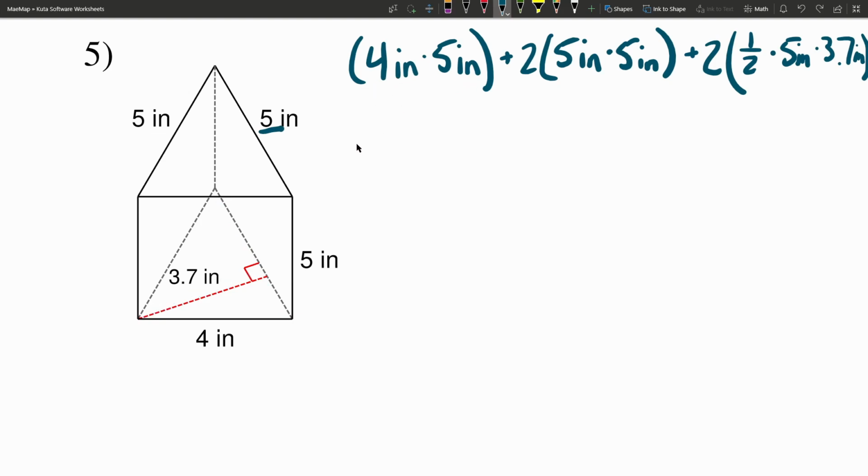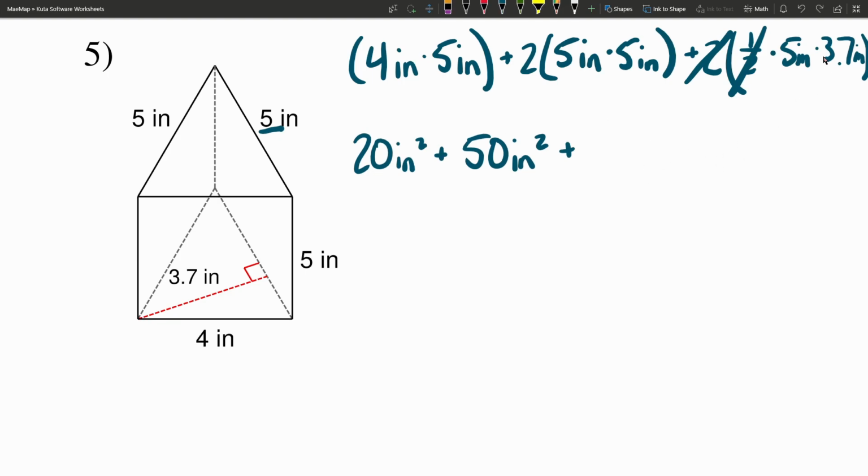4 times 5 is 20, so that's going to be 20 inches squared, plus 5 times 5 is 25. Multiply that by 2, that's going to give me 50 inches squared, and that gets added to, look, 2 times 1/2 actually cancels out to leave me with 1.